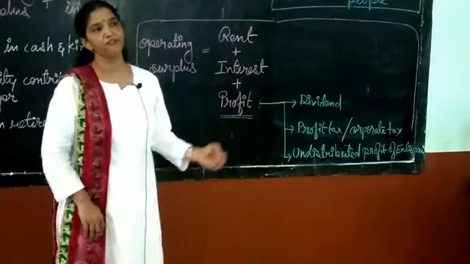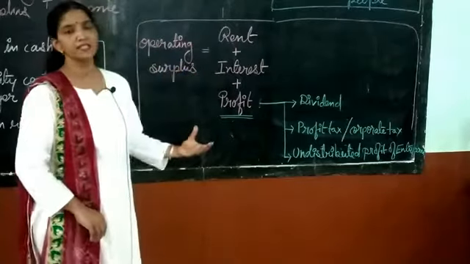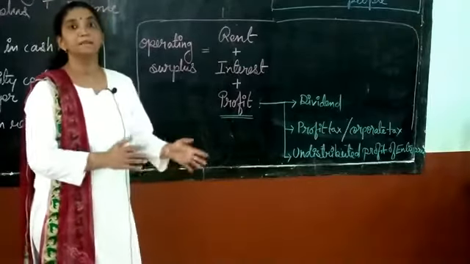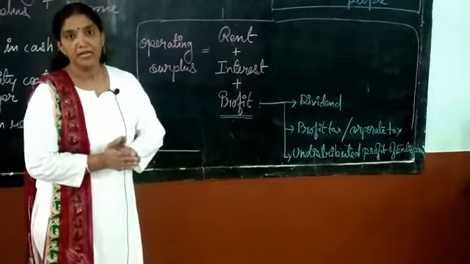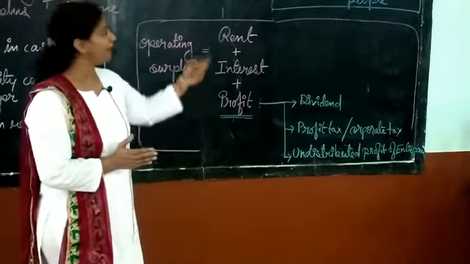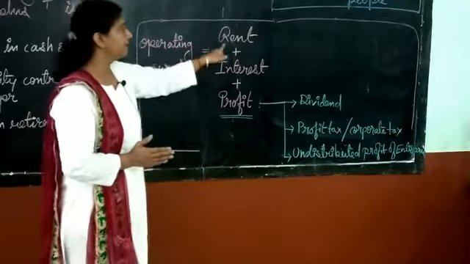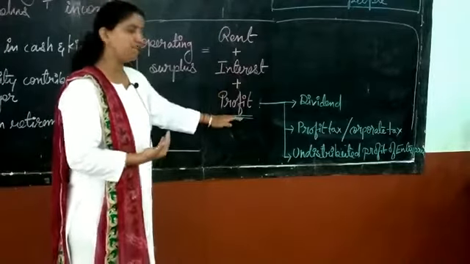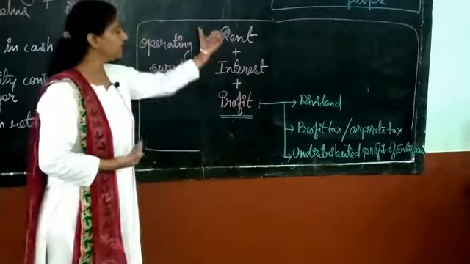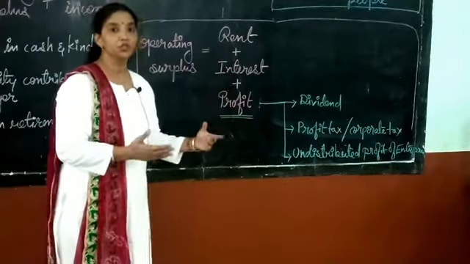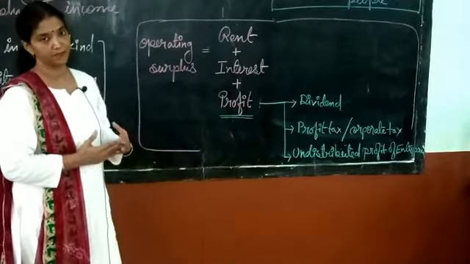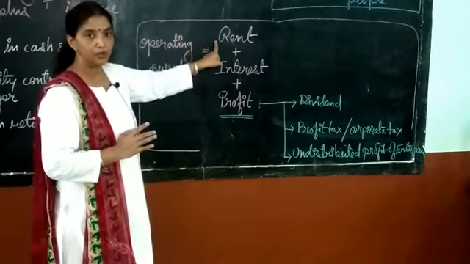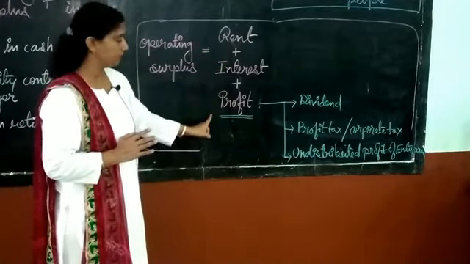If factor services are provided in terms of building, land, capital, or entrepreneurship, the factor payment will be made as rent for building or land, interest for capital, and profit for entrepreneurship. All these items are a part of operating surplus. Operating surplus includes rent, interest, and profit.